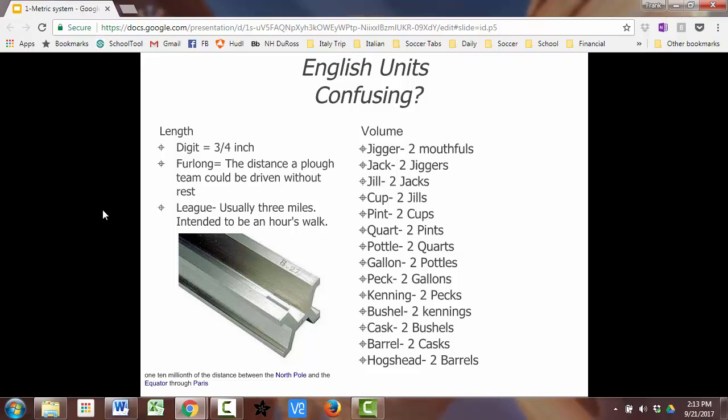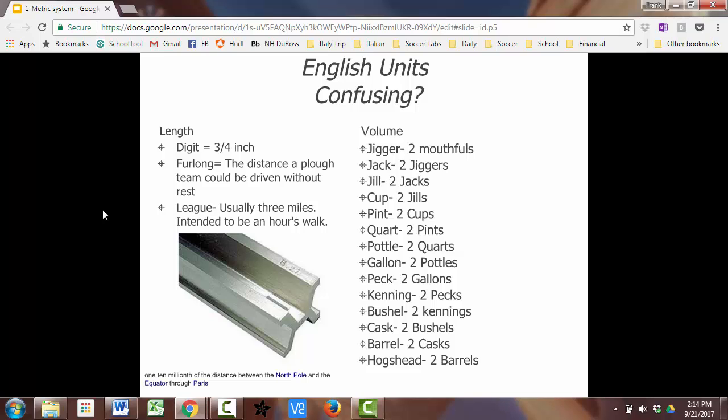For example, a furlong is a unit of distance in the English system. It was meant to be the distance that a plow team could be driven without rest. A league is a unit of distance. It was meant to be about an hour's walk.